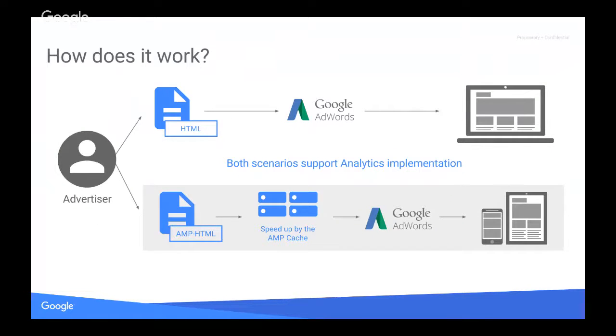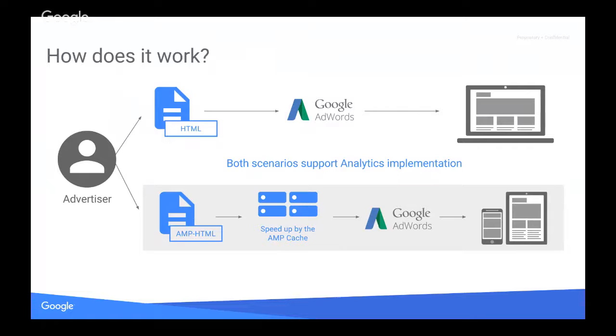So how do you create AMP, right? There are two options. If you use a content management system or CMS, you can just look at your CMS documentation. Most of them support auto conversion to AMP HTML from your HTML.